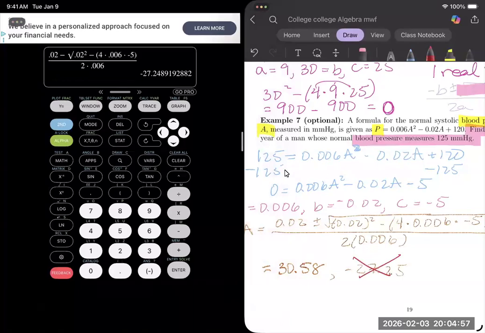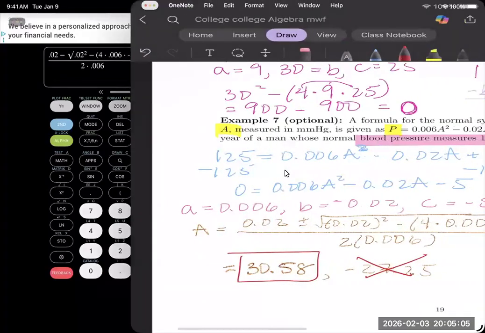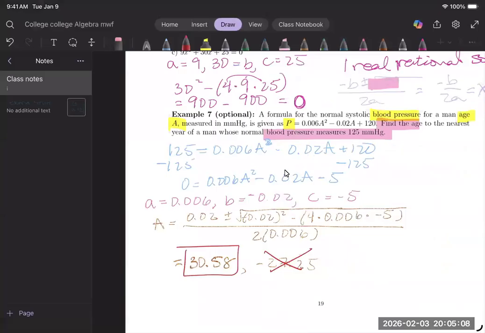And again, that makes no sense because we're talking about age. So for the systolic blood pressure of 125 units, sorry, I don't remember what that is right now, the age is about 30.5 years.